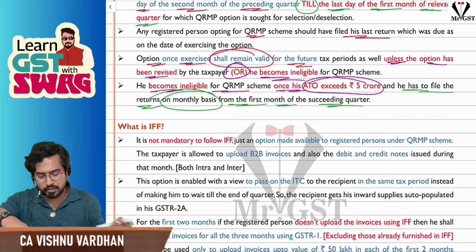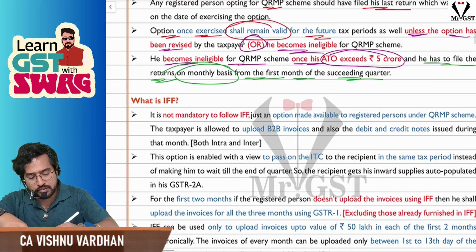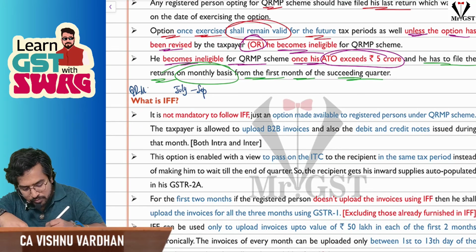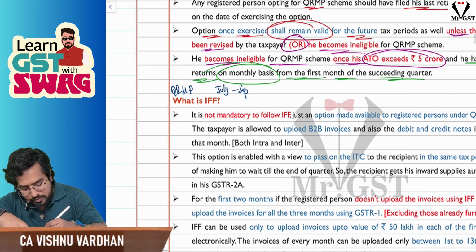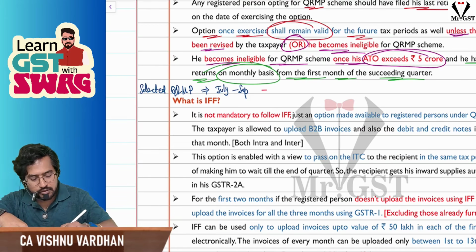Am I clear? Let us not take a chance here. Imagine the July to September quarter, QRMP selected. On the auspicious day of July 7th, aggregate turnover exceeds 5 crore.